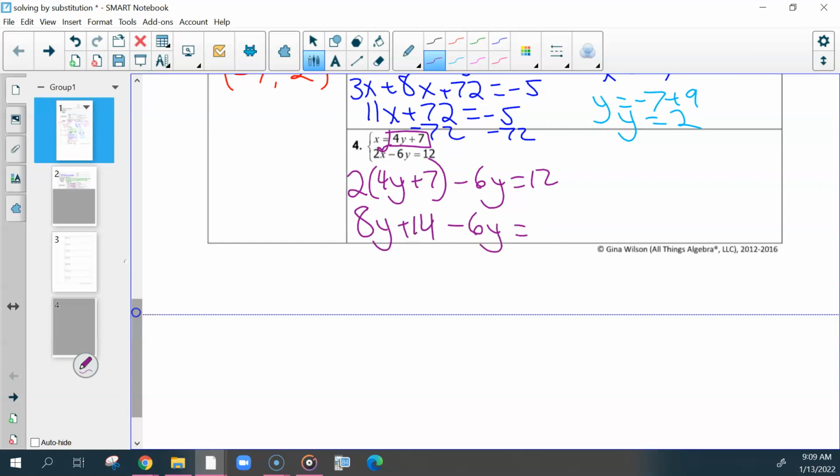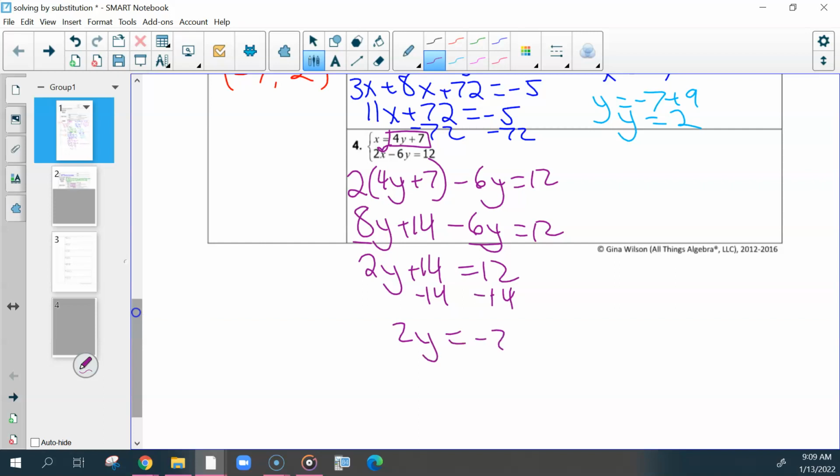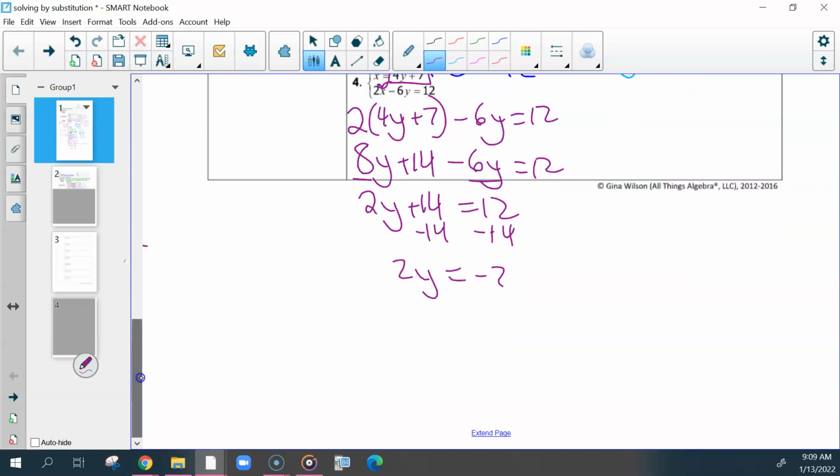Bring down the negative 6y. Combine your like terms. So you have 2y plus 14 equals 12. Subtract the 14. You have 2y equals negative 2. And then divide both sides by 2.